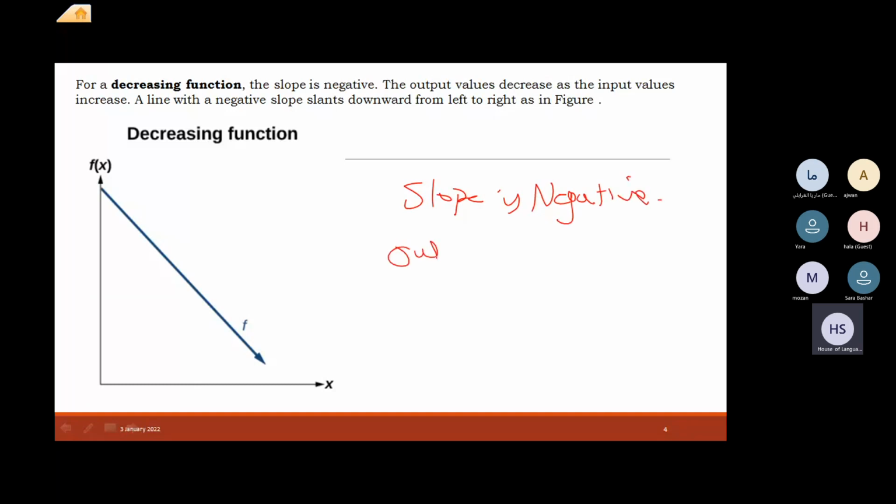When the input increases, the output decreases, or when the input increases, the output decreases. They must be on opposite sides. One decreases, one increases. If this case happened, that means they are what? Decrease.